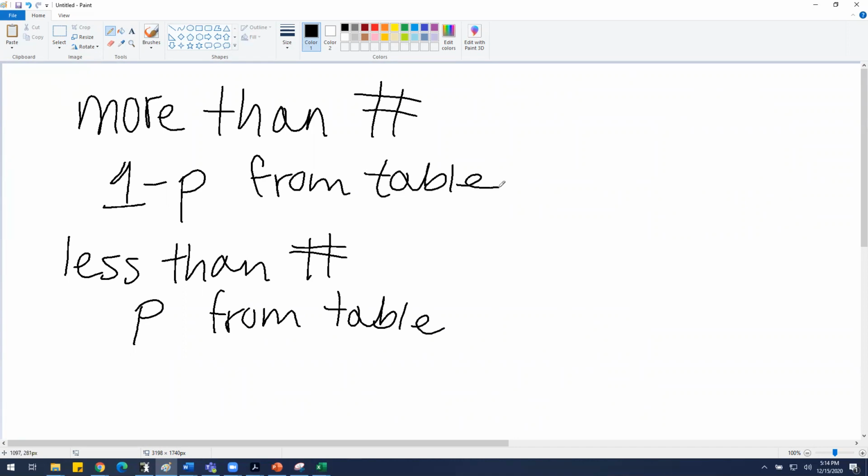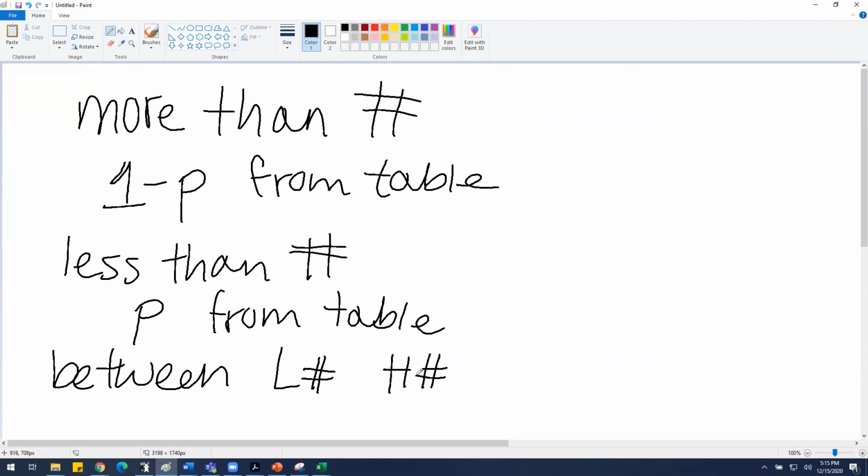And then the third scenario is if you're between the lower number and the higher number. You're going to take the probability from the higher number minus the probability of the lower number from the table.